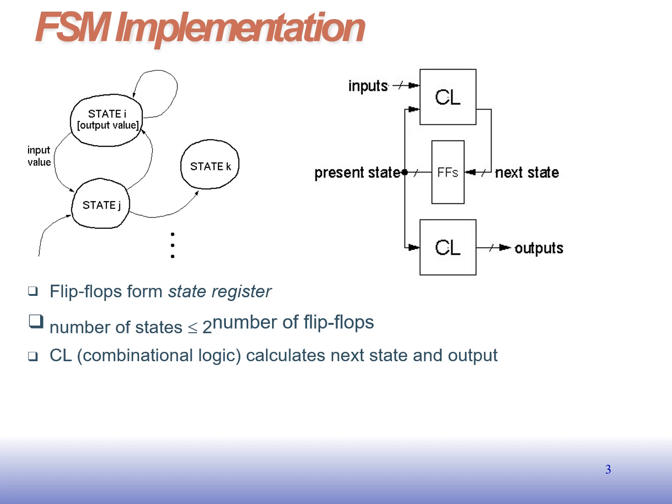The next state is produced by a combinational circuit. This combinational circuit has the input and the present state as its inputs, and depending on these it delivers the next state.